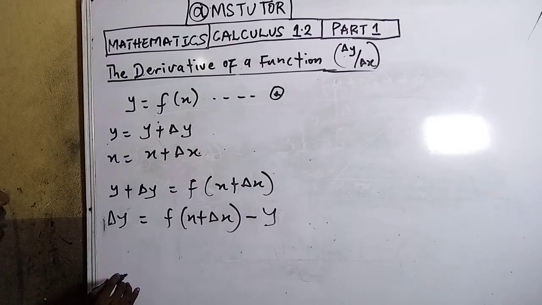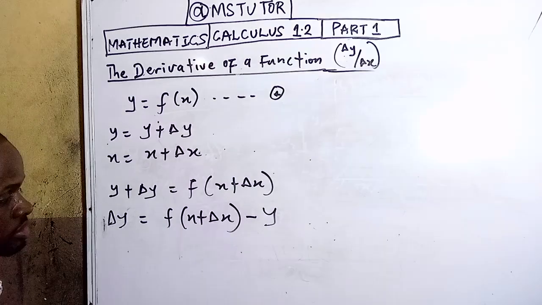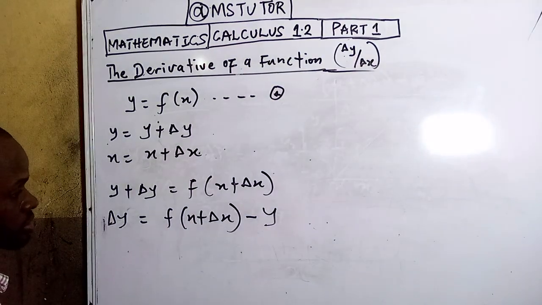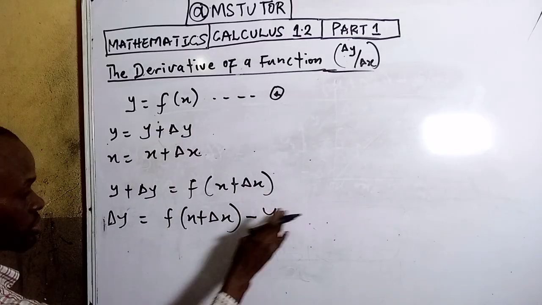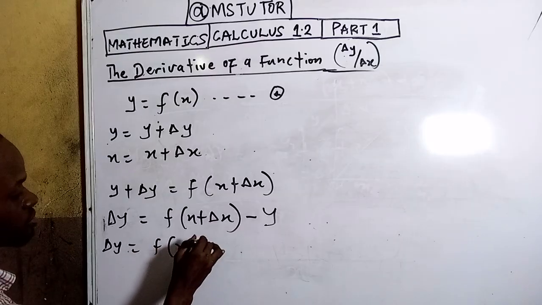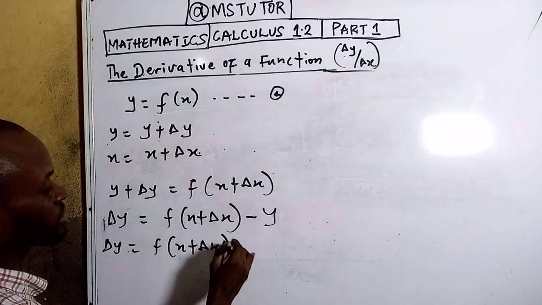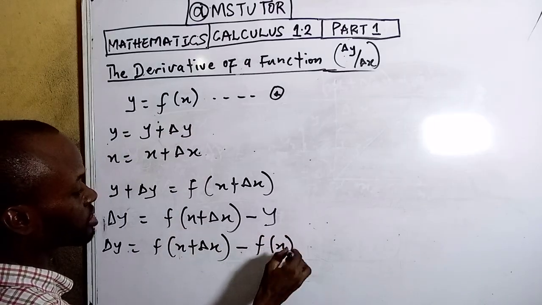So from here, remember that our y is equal to f of x from the onset. So if y is equal to f of x from the onset, we can equally have change in y equals f of bracket x plus change in x. Let's substitute our y back. That will be minus f of x.